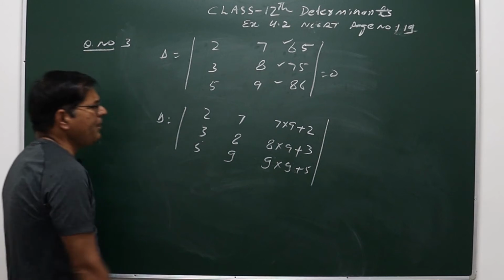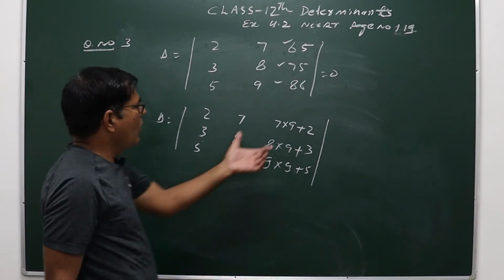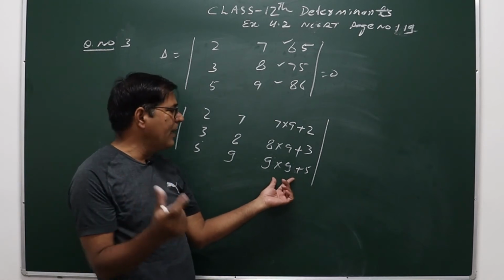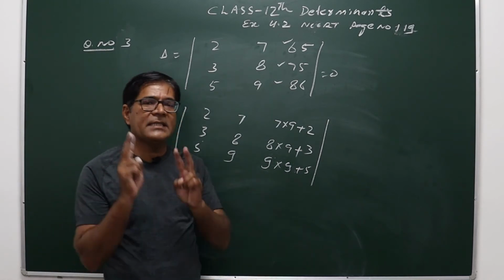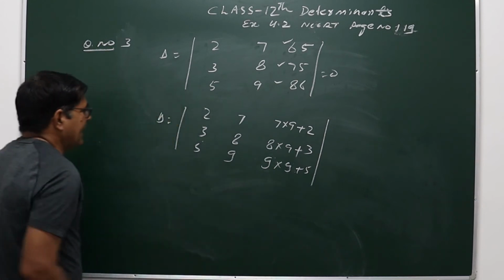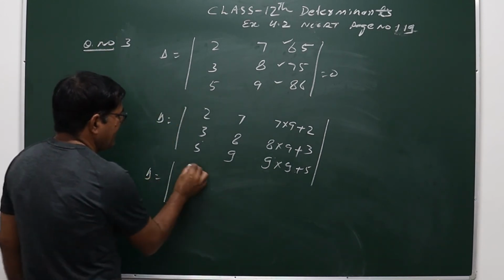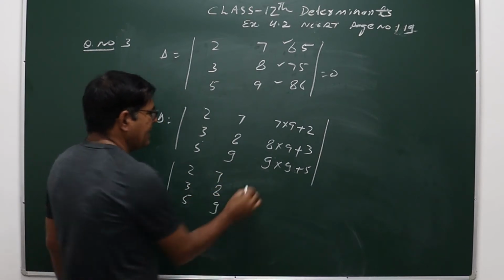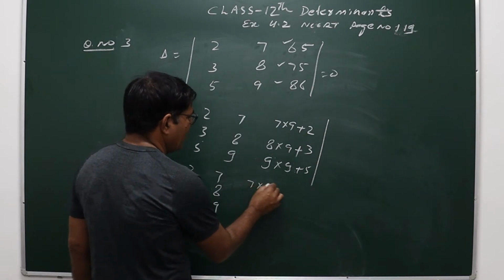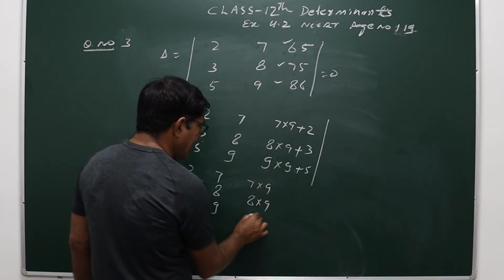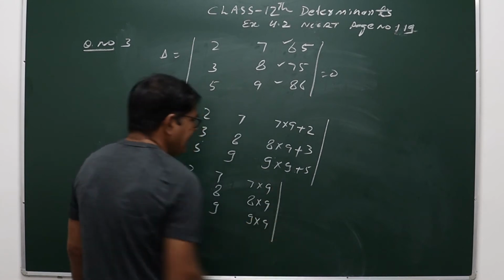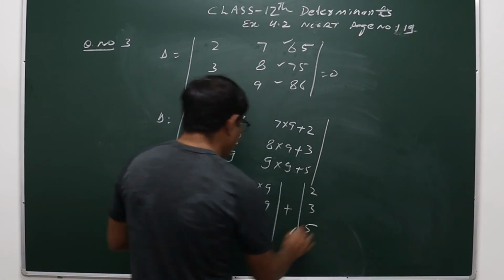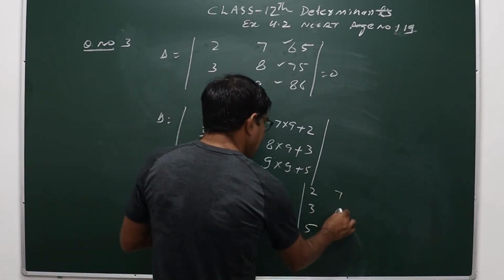Now if any row or column of a given determinant is expressed as the sum of two elements, then such a determinant can be expressed as the sum of two determinants. So it can be written as the determinant 2, 3, 5 as it is, 7, 8, 9, and this will be 7 into 9, 8 into 9, 9 into 9, plus again 2, 3, 5, and 7, 8, 9.